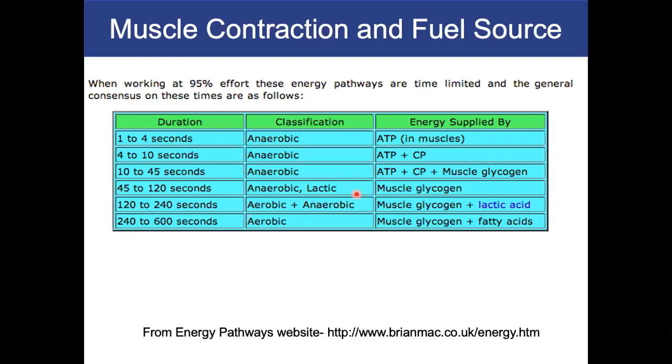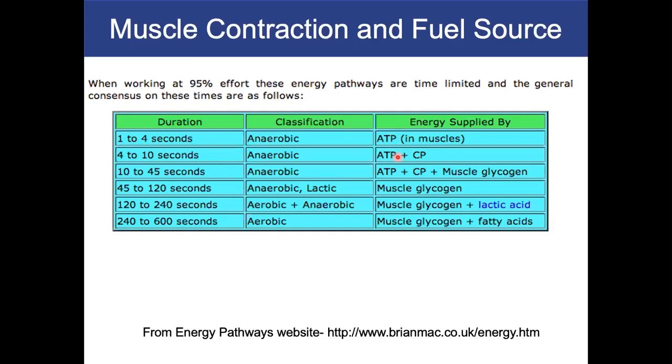All right, so muscle contraction and fuel source. I thought I would put this in here so you can appreciate where you get your fuel from, or where you get your energy from, now that you've spent some time in metabolism, and we're looking at skeletal muscle contractions. For the first 4 seconds, it's anaerobic metabolism. It comes from ATP that's already in the muscles.